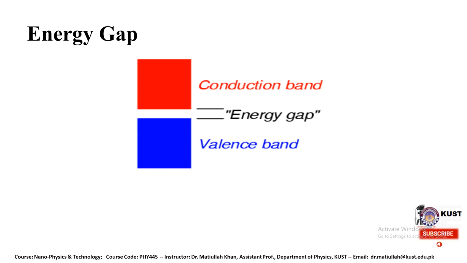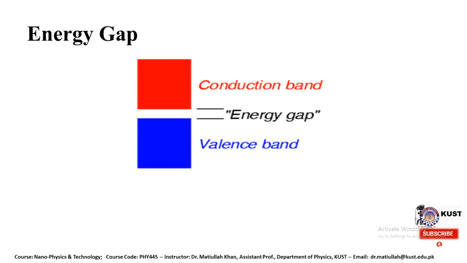The other possibility is that the energy gap is so small that even room temperature is enough to move the electrons from the valence band toward the conduction band. So they are readily available for current when an external potential difference is applied.